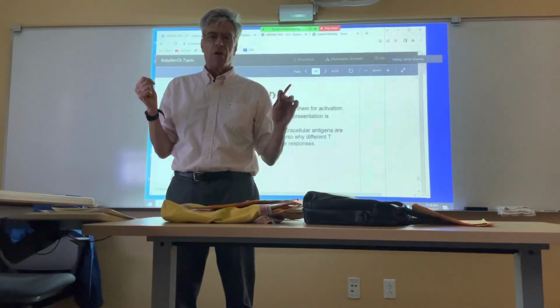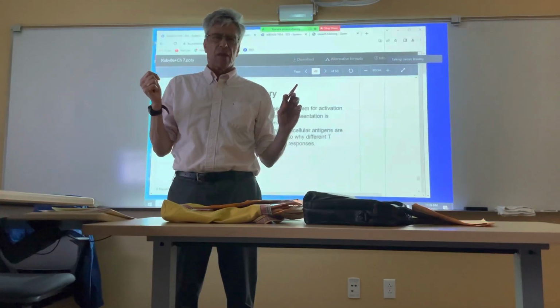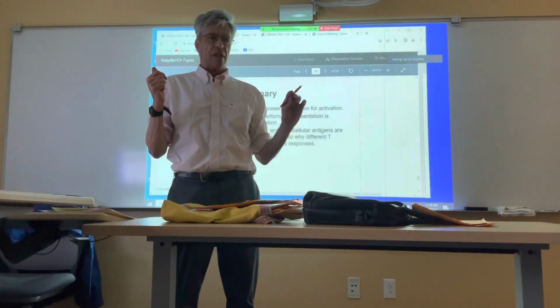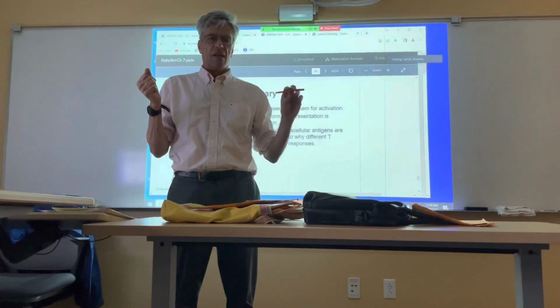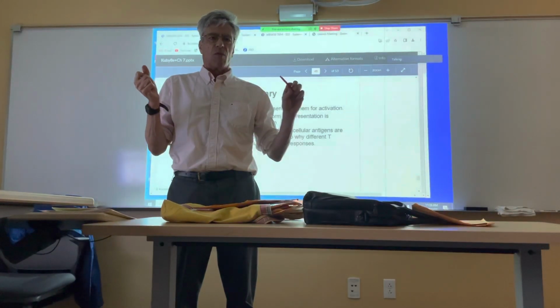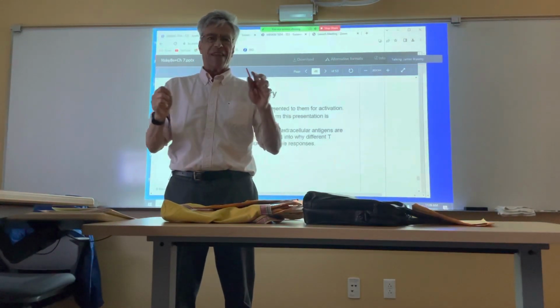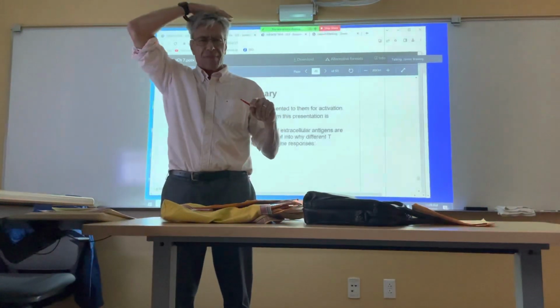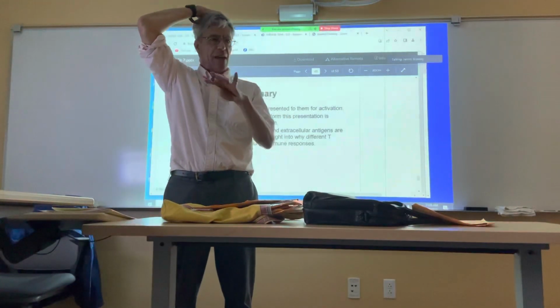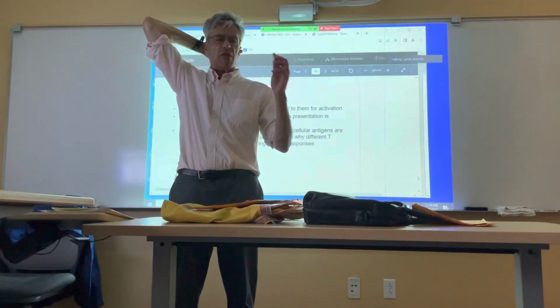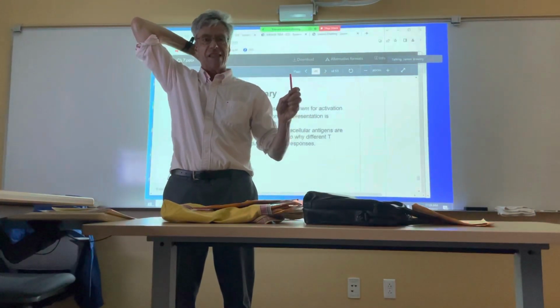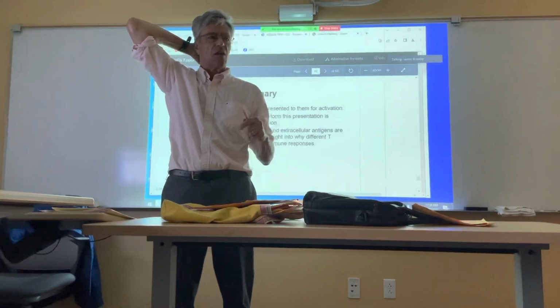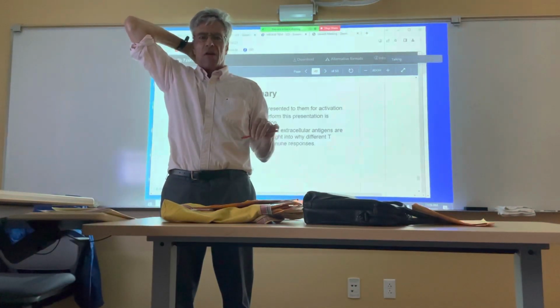Say if you have a 100 base long protein, you can make peptide 1 to 10, 5 to 15, 10 to 20, staggered across the whole length of the protein, and feed them and see which of them will stimulate T cells, and get an idea about which ones work. Okay, very good.